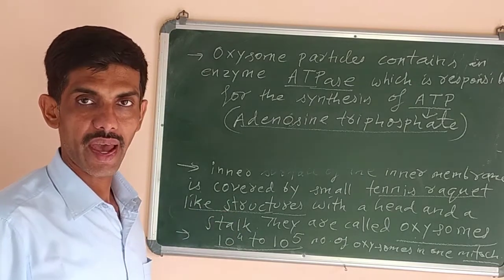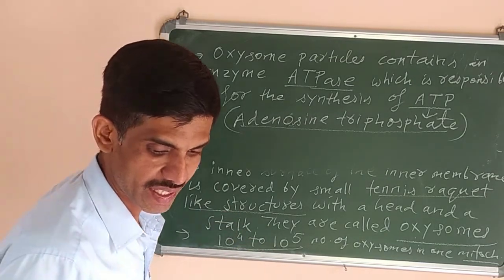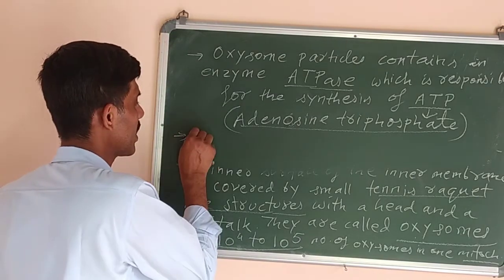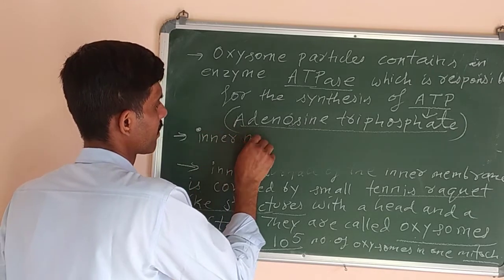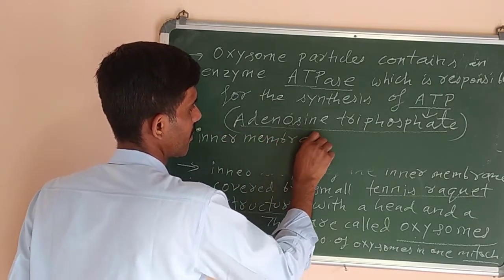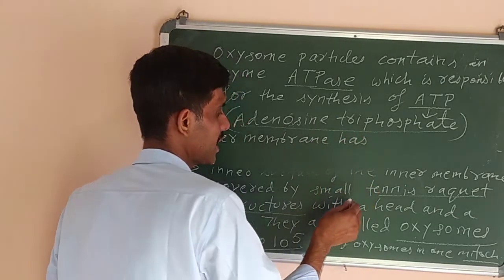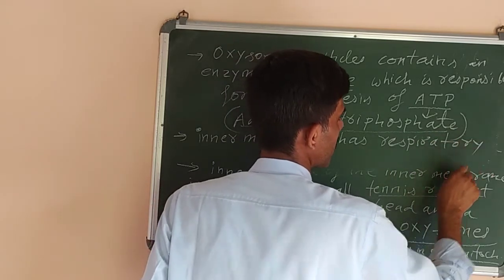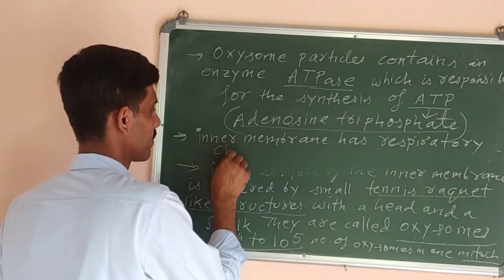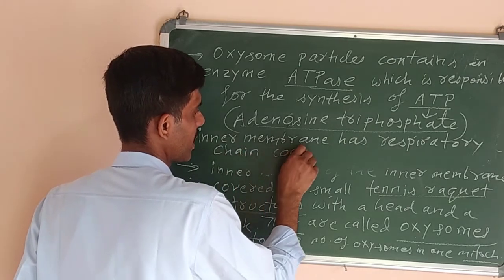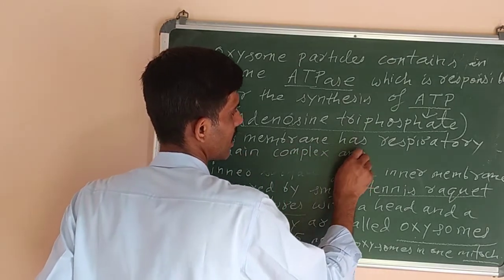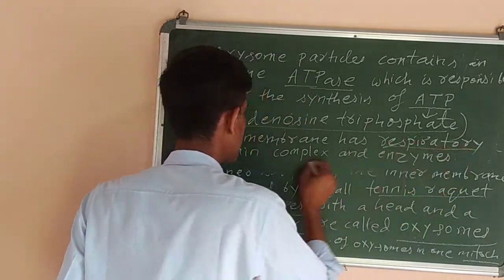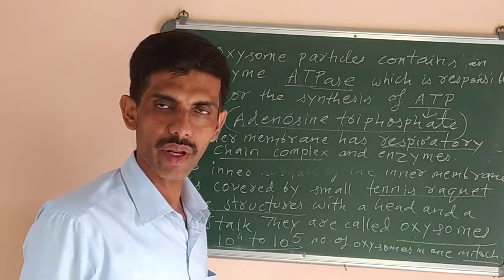The inner membrane has respiratory chain complex and enzymes. Now we are talking about the structure only. What is this respiratory chain complex? It is part of the respiration process. Both enzymes and the respiratory chain complex are present in the inner membrane of mitochondria.